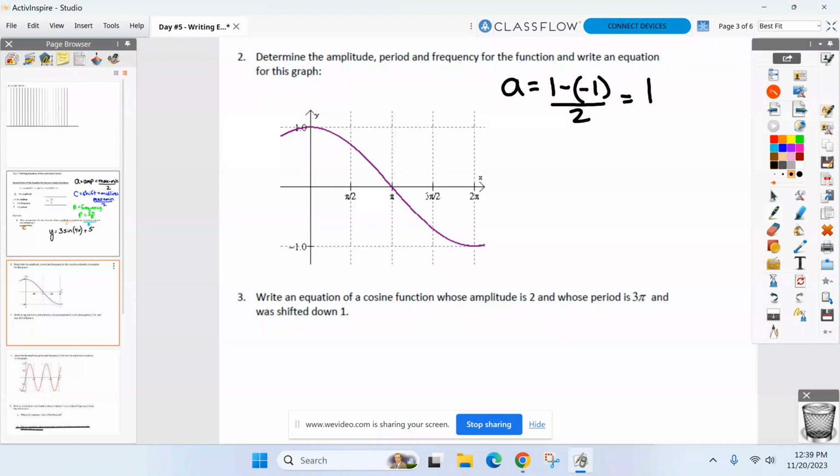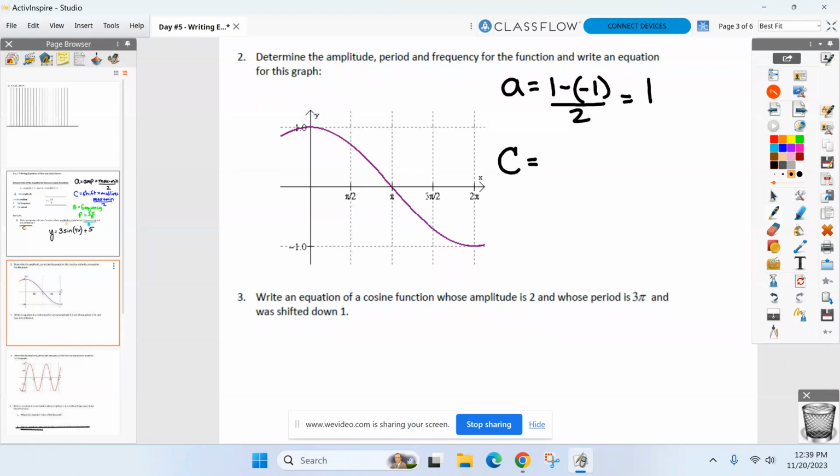Now look, because you guys are pretty strong this year, I can tell you this comfortably. If you notice it goes up and down on the same value, like 1, -1, 8, -8, that will be the A value. So if it goes up and down to the same values, your A value is the positive version. So if I don't see a formula for it, I understand you get it.